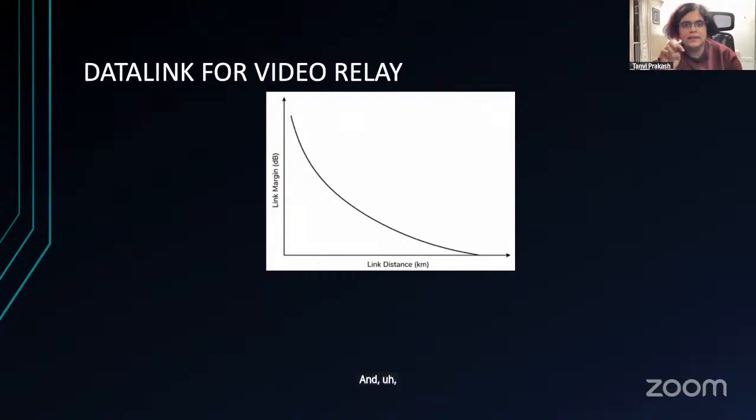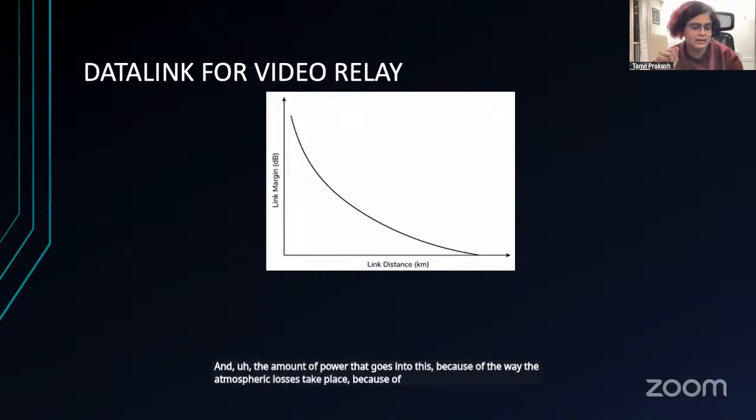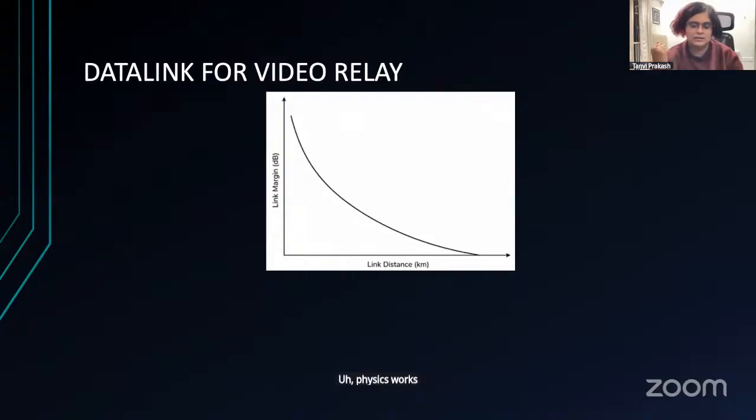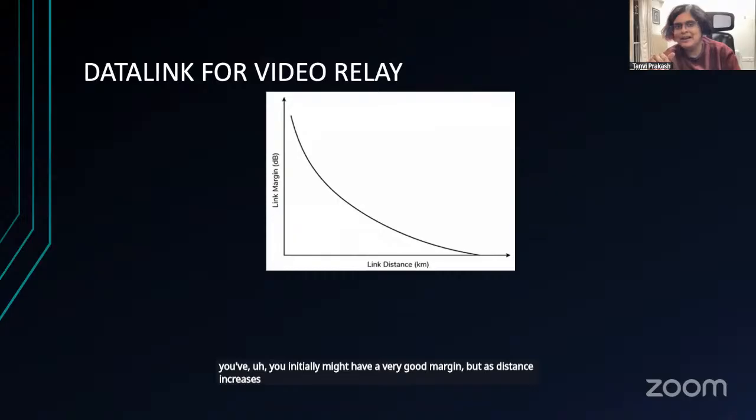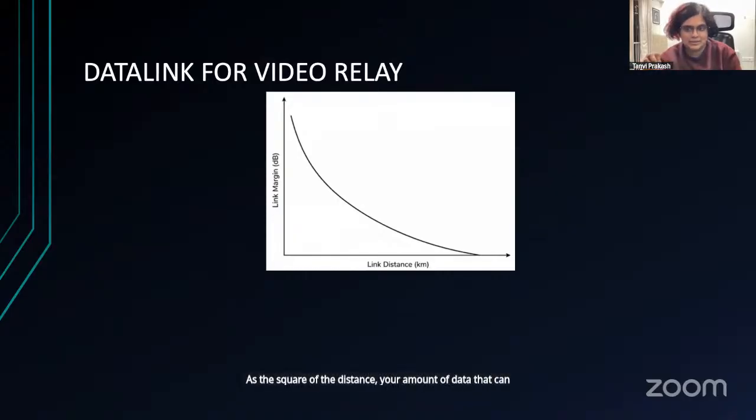And the amount of power that goes into this, because of atmospheric losses and the way physics works in general, is that the intensity of a signal changes with the square of the distance between the transmitter and the receiver. So you initially might have a very good margin, but as distance increases, as the square of the distance, the amount of data that can be transmitted reduces.